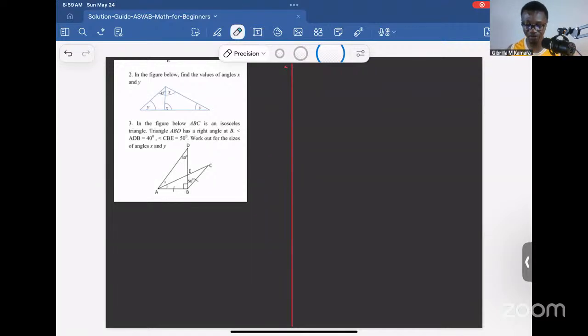Question 3 says, in the figure below, ABC is an isosceles triangle. Triangle ABD has a right angle at B. Angle ADB is 40. Angle CBE is 50 degrees. Work out the sizes of angles X and Y.